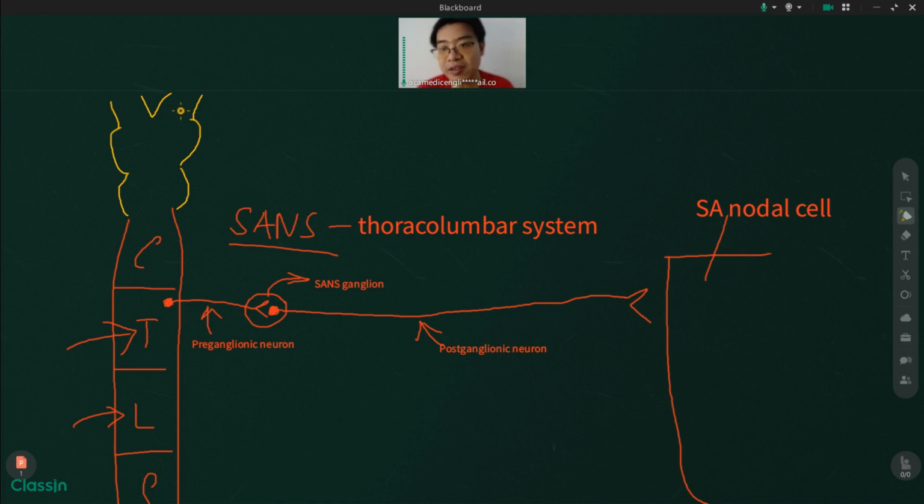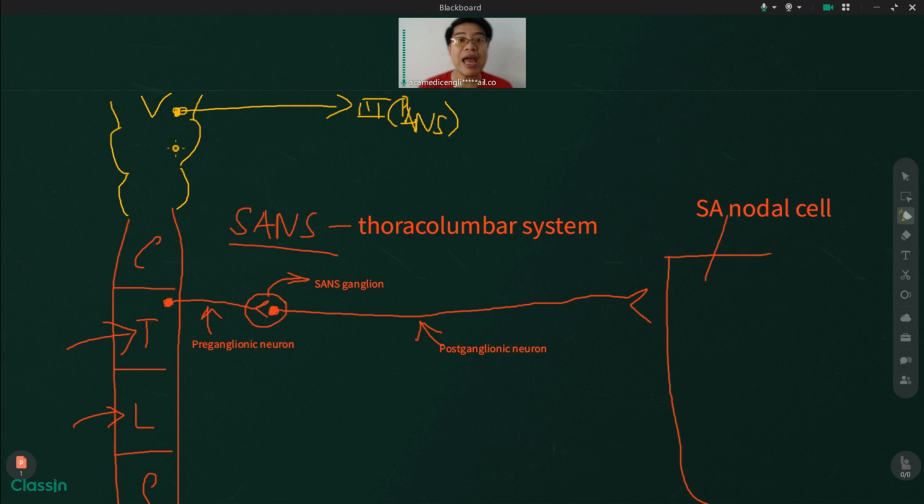From the brainstem, we have cranial nerve number 3. Cranial nerve number 3 has the job of controlling the extraocular muscles, but it also controls the intraocular muscles. Remember the ciliaris, as well as the sphincter pupillae. How? By parasympathetic output. So number 3 can have parasympathetic fibers within it.